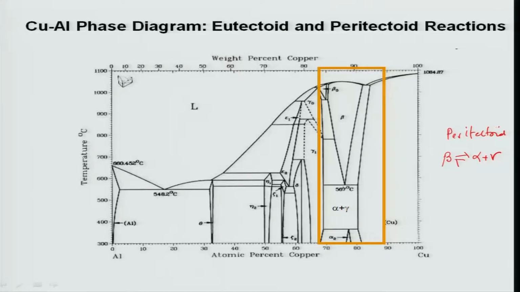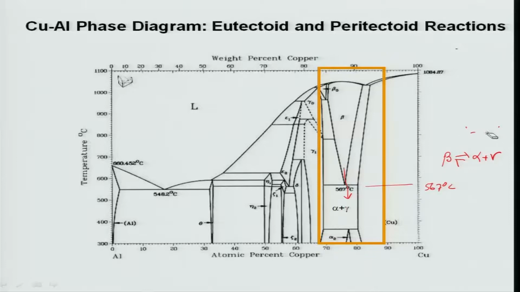Here you see this beta phase is transforming at 567 degree Celsius temperature to alpha plus gamma, and this happens... sorry, this is not a peritectoid reaction, this is a eutectoid reaction.